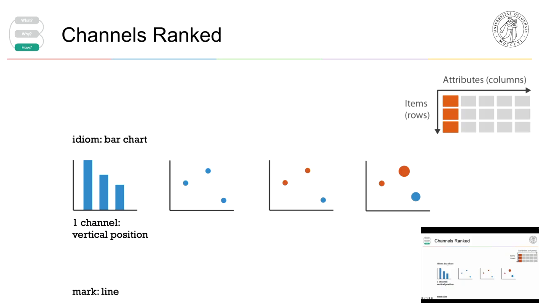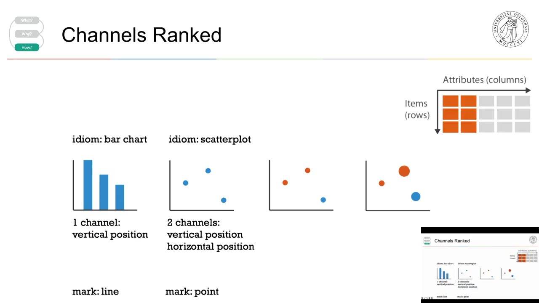And so this is a very popular type of visualization and very effective. But maybe you want to show 2 attributes. Well, you can still use position on a common scale if you make your items a point instead. So the mark now is a point. And now you can use the vertical and horizontal position. And this is called a scatter plot.